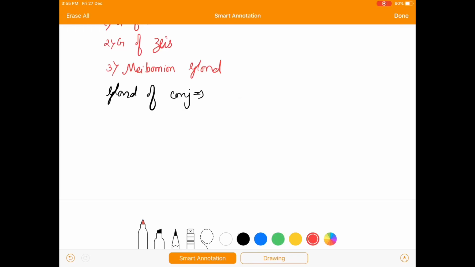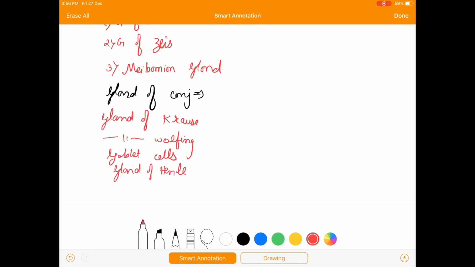The first one we have is gland of Krause, then gland of Wolfring, goblet cells, gland of Henle, and gland of Manz. Alright, so here we are done with all the derivatives or origin of the tissues in the eye.